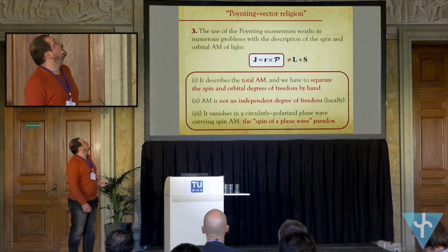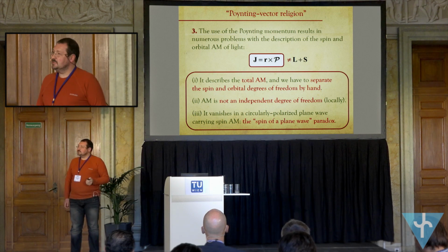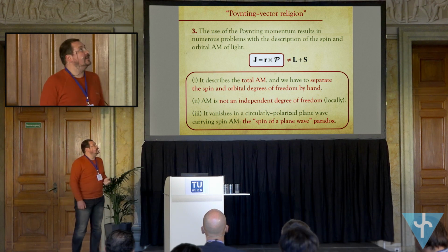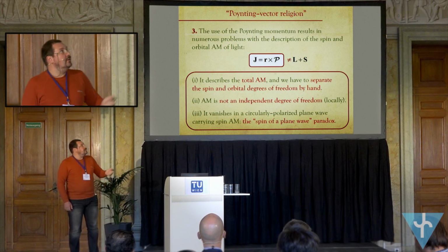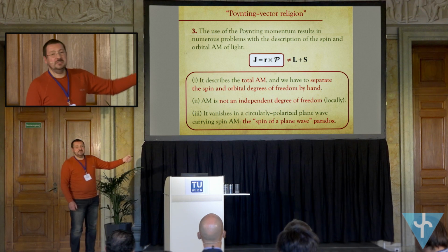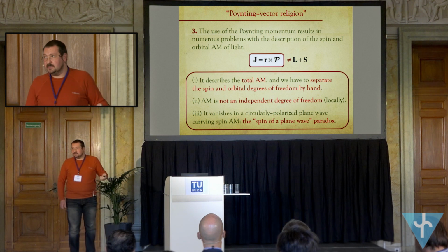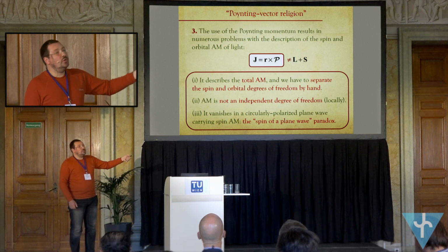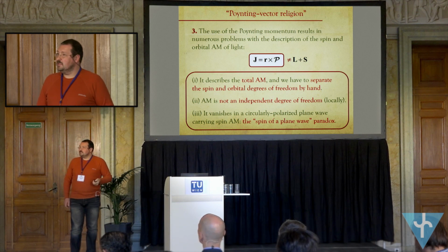And finally, we have a fundamental problem when describing the angular momentum of light, the angular momentum of photons. In the Poynting picture, the angular momentum of light is given just by R cross P, as in classical mechanics. This is, of course, the angular momentum density. But this is the total angular momentum, not spin. It's spin plus orbital angular momentum.